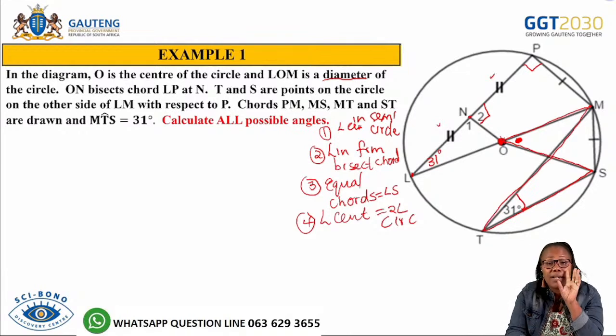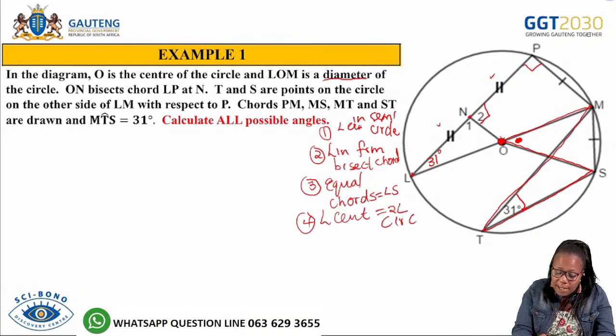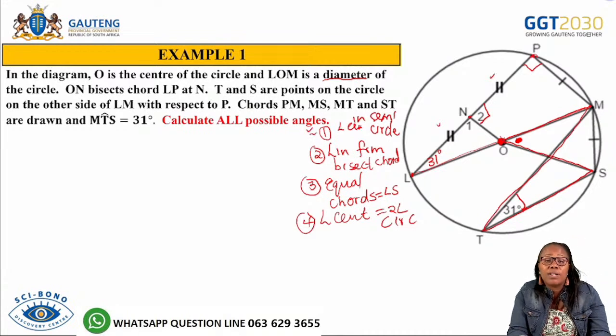The last center theorem is the angle in the semicircle, or angle subtended by diameter. Is that applicable? Yes, because we have a diameter line there passing through the center. Therefore, it is subtending that P angle. Therefore, P is 90 degrees because of angle in semicircle. We have already indicated that, grade 12. Then we are done with the center.